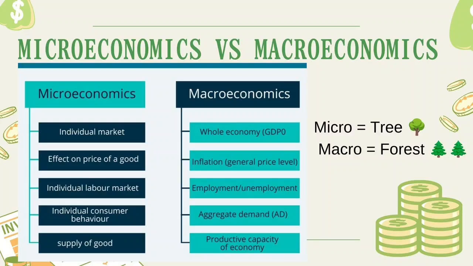It looks at national income, unemployment, inflation, and economic growth. A very easy way to remember this: if you are studying one tree, that is microeconomics. If you are studying the whole forest, it is macroeconomics. Since this chapter deals with national income, we will mainly focus on macroeconomics.